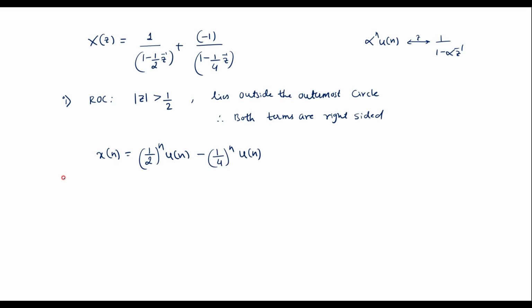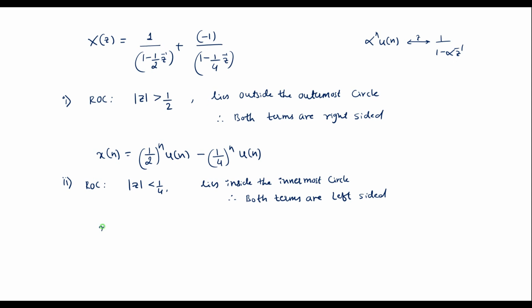Now considering the second ROC, that is |z| less than 1 by 4. Here it lies inside the innermost circle. Therefore both terms are left-sided.